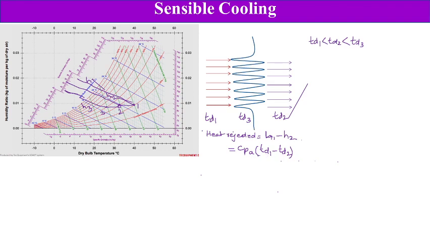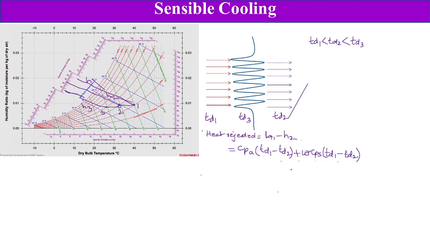So this is the amount of enthalpy rejected by simply dry air, whereas the air contains water particles, that is humidity. So this specific humidity omega into CPS into TD1 minus TD2 is the amount of heat rejected by the water particles in suspension or humid air.